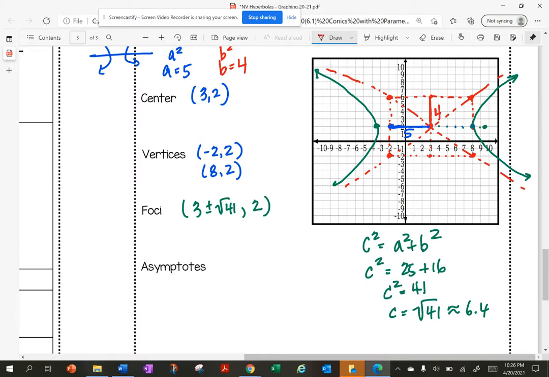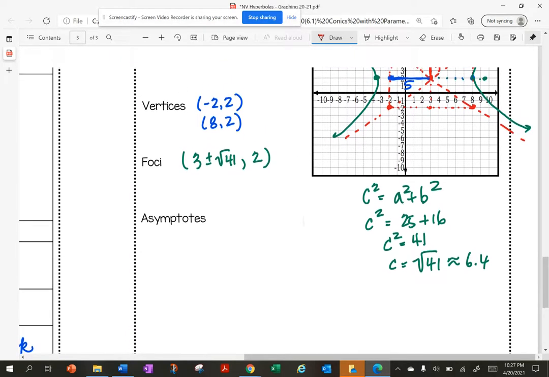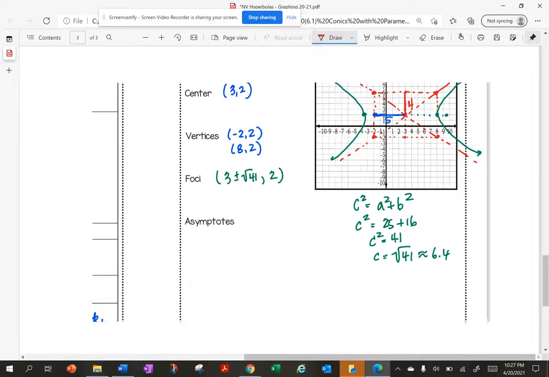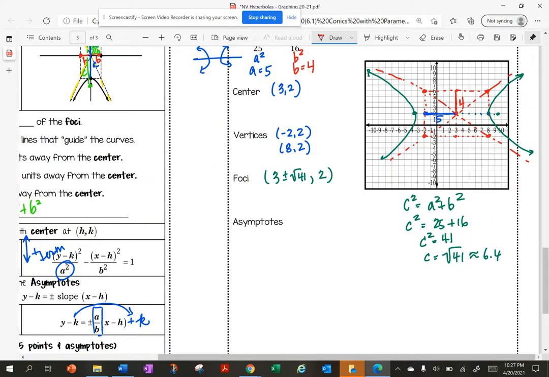So my asymptotes, setting into my equation, I'm substituting in y equals rise over run. So rise is 4. So I'm going to do the positive one first.